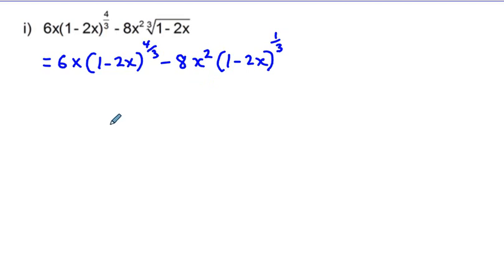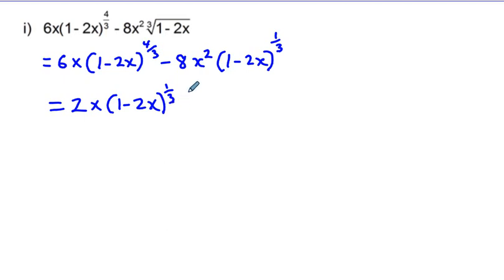And so now we're going to be able to look at our greatest common factor here. Well, between 6 and 8, I think 2 would be the thing we had to work with. So 2, and between x and x squared, we're going to have x. And now 1 minus 2x to the 4/3 power and 1 minus 2x to the 1/3 power, we're going to have 1 minus 2x to the 1/3 power.